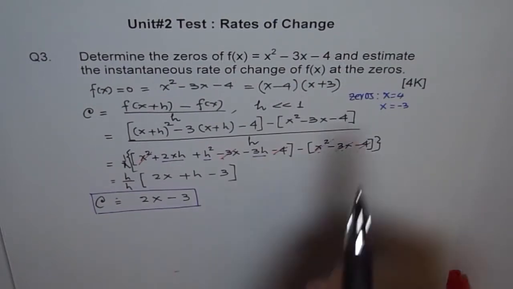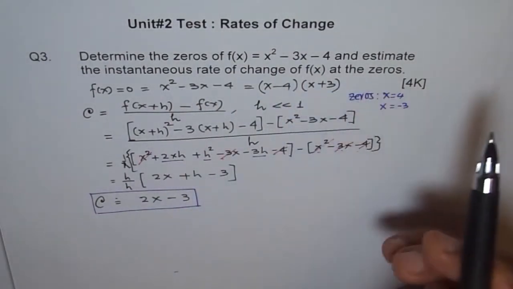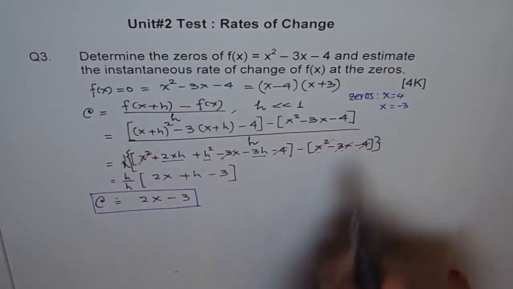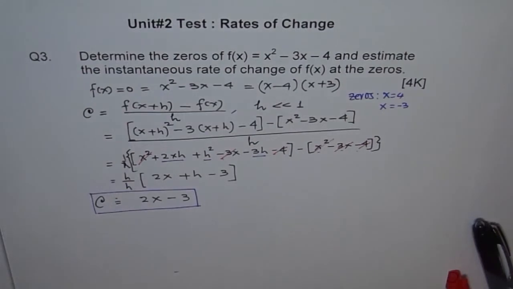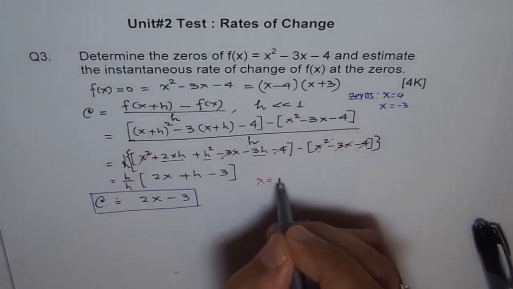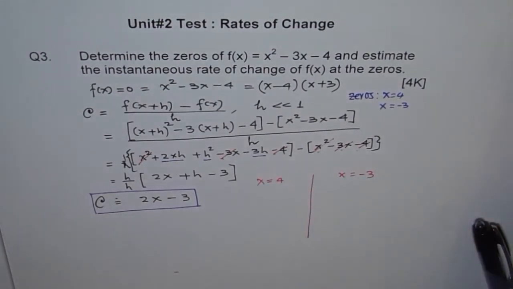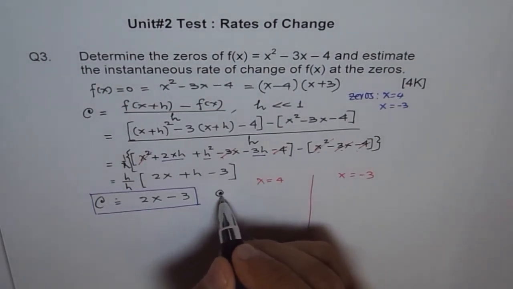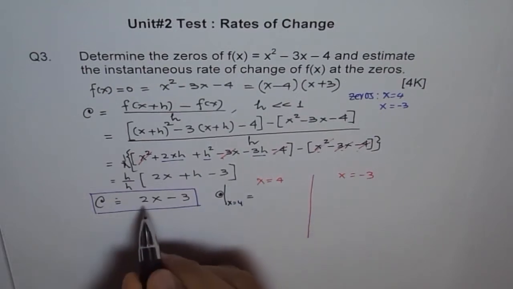Now you need to estimate instantaneous rate of change of f of x at the zeros. The zeros are at x equals 4 and x equals minus 3. So let's do it for x equals 4 and at x equals minus 3, correct? Now at x equals 4, rate of change, let me write like this. Rate of change at x equals 4 equals, we'll plug in 4 here, right?